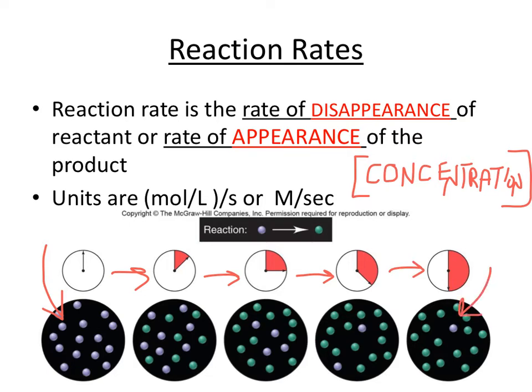So at the end of this time, we have the product, which is the green molecules, and the reactants are the purple molecules. So we're watching the disappearance of purple and the appearance of green.